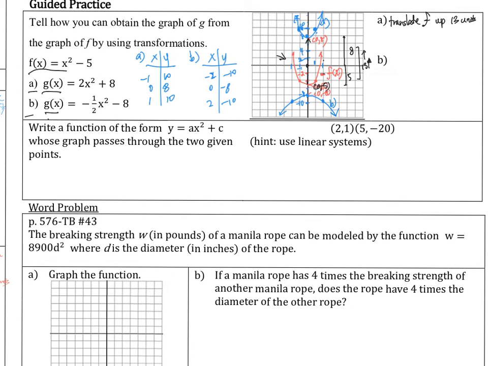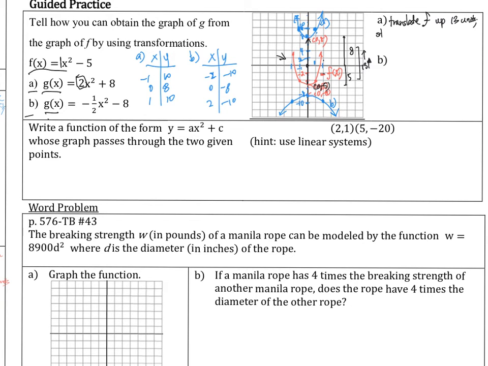And then we need to look at the coefficient of 2 and compare it to the coefficient of 1 here in f of x. So basically what happened was there's a stretch.